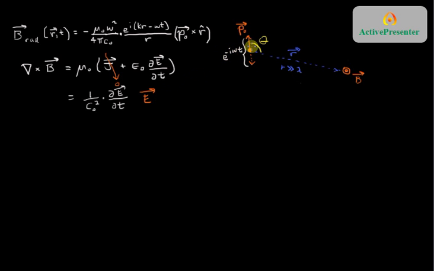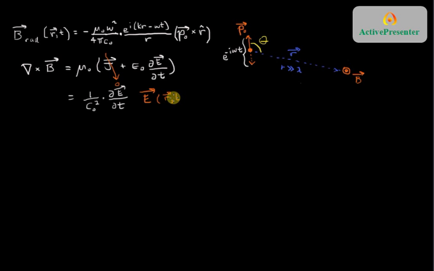If you shake a dipole sinusoidally in time, the magnetic and electric fields will at any point in space oscillate sinusoidally in time. They may point in different directions. Certainly the B and E field are not going to point in the same direction, and they may vary with position. They may not be the same everywhere spatially, but temporally their time variation is just e to the minus i omega t.